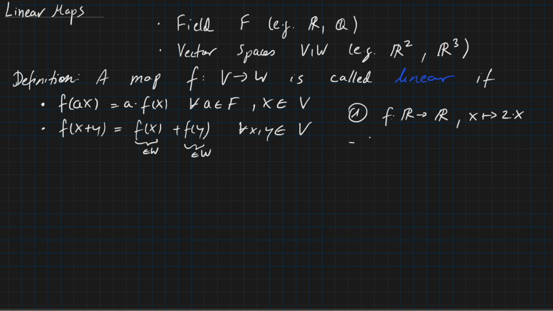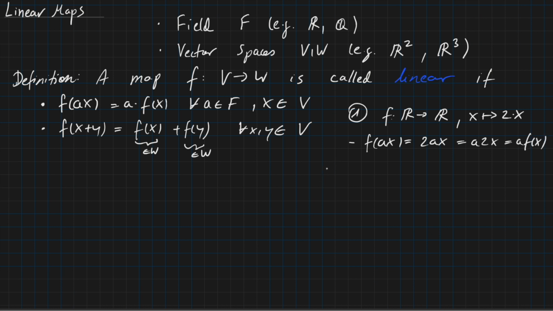So here f of ax equals 2ax, and this is the same as a times 2x, and a times 2 times x is the same as a f of x.